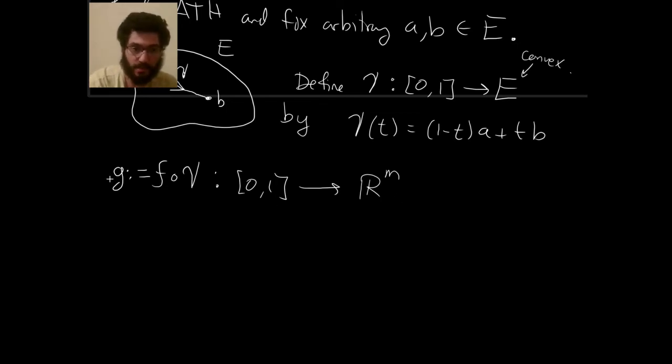So to talk about the derivative of g, I'll have to know about the derivative of gamma. Let me rewrite gamma a little bit. You can rewrite this as a plus t times b minus a.